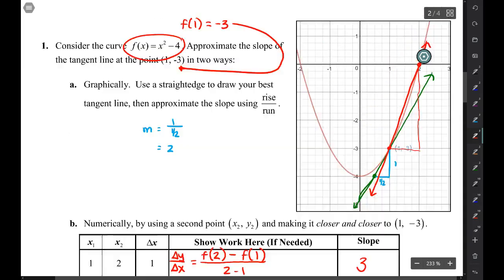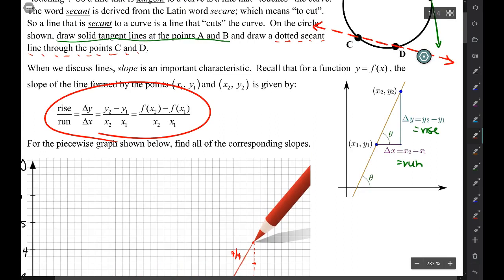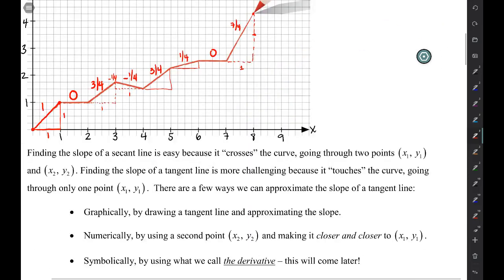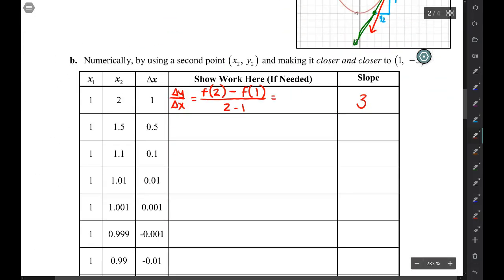I'm using this idea up here, this idea of slope. Slope is the change in y over change in x. It's the subtraction of y values divided by the subtraction of x values. I can represent the y values using my function notation because the function gives the y values. So there we go. Now I can just plug in f of 2 to figure out what that y value is.